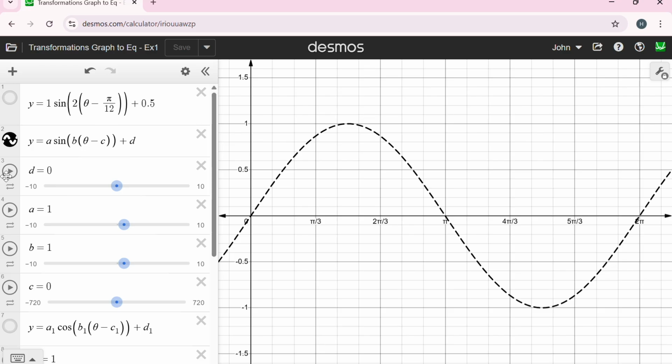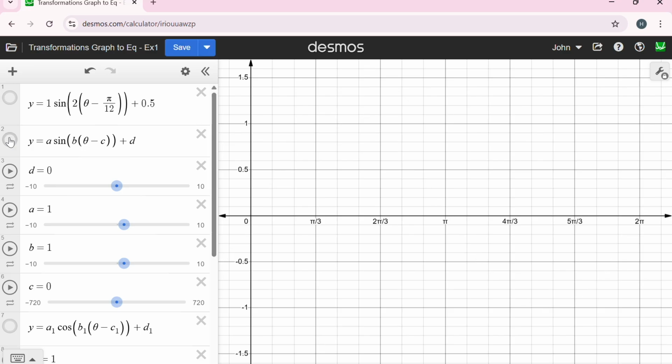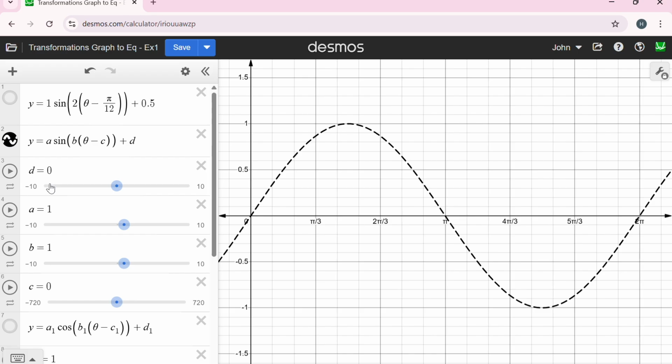So let me do it this way. I'm going to start with our sine function. This is our basic sine function where d equals 0, a equals 1, b equals 1, c equals 0. So there's no transformations applied to it. Let me apply the transformations in the order of SRT like we're used to, and let's see if we get the graph that we looked at.